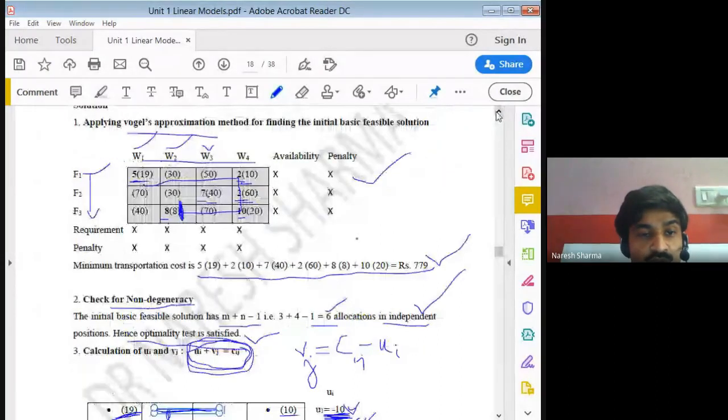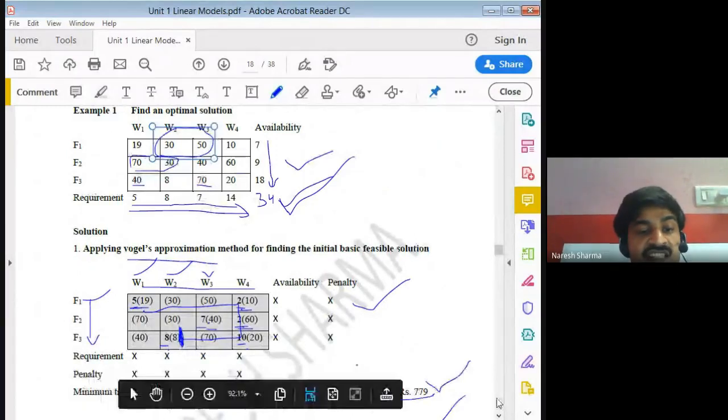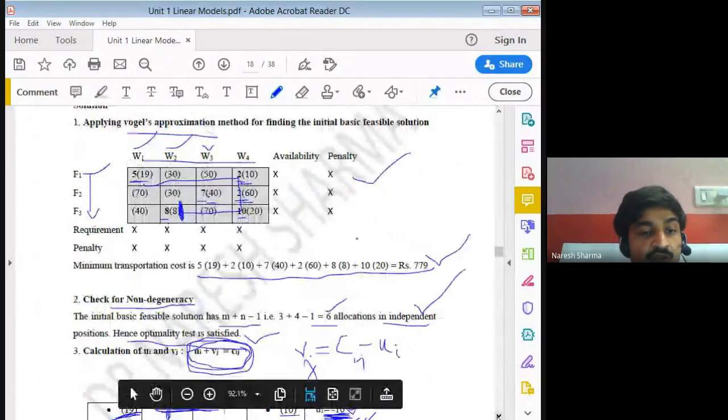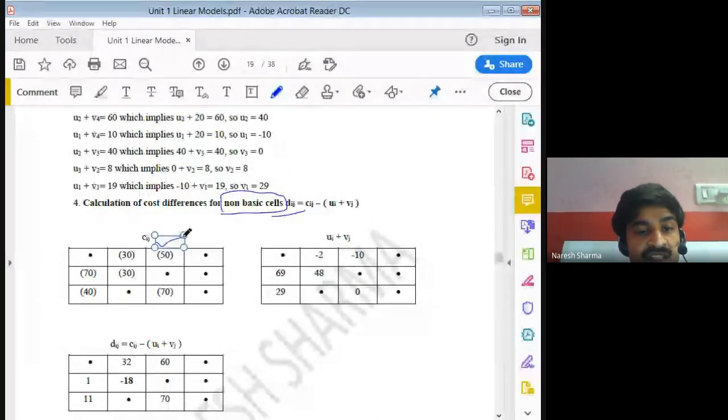So just write down one more table called Cij, at the locations where allocation is not yet present. So these are called the non-basic cells. So I write here 30, 50, 70 and 30, 40, 70.